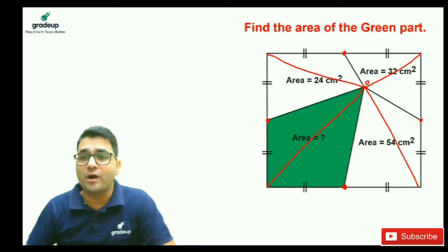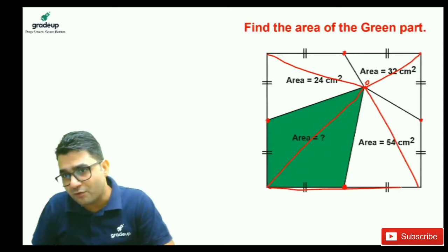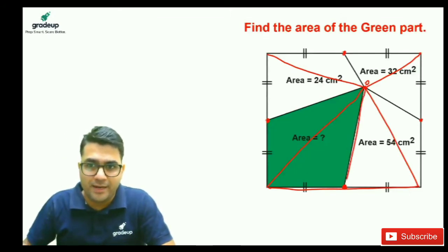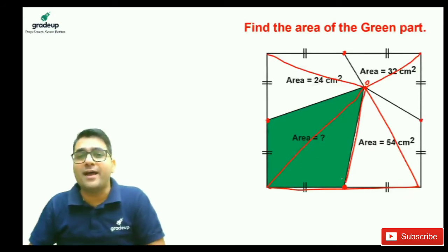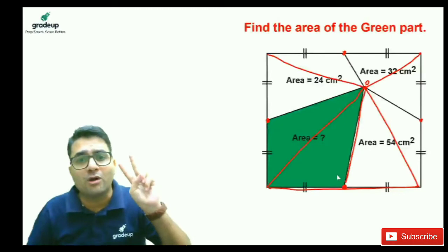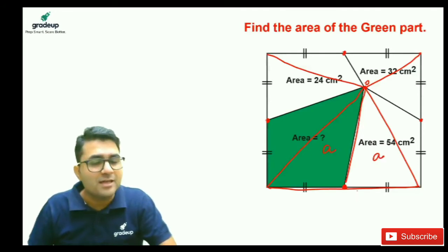As this is the midpoint, can I say for this triangle, this is the median, and median divides the area of the triangle into equal parts. That means I can say this area is equal to this area.